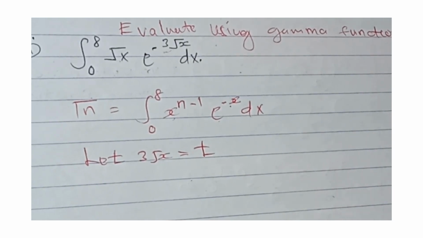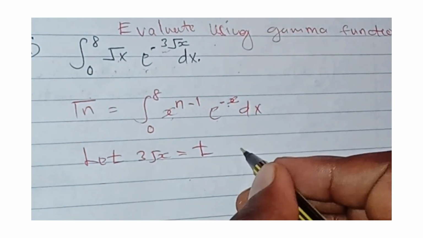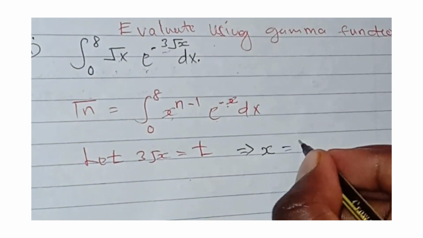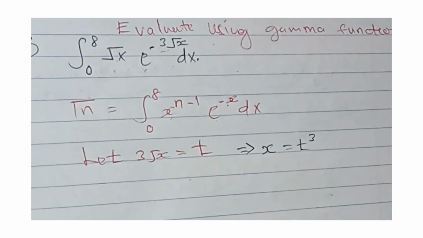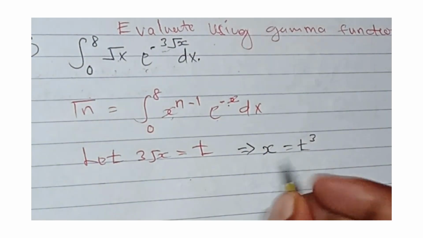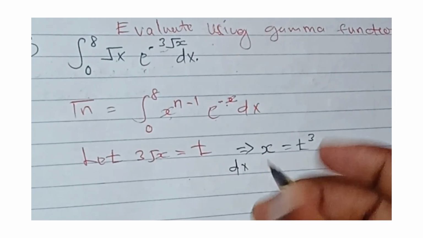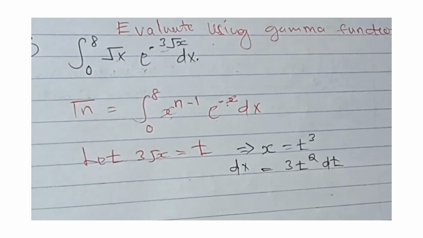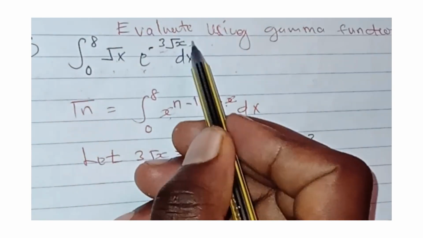So you cube both sides, which is equivalent to x is equal to t cubed. Now dx is equal to 3t squared dt. You are through with this part.